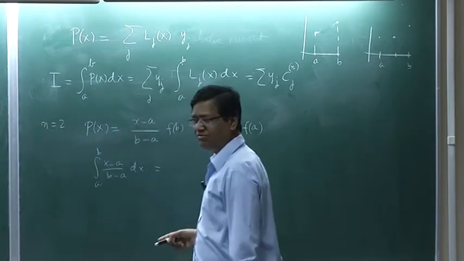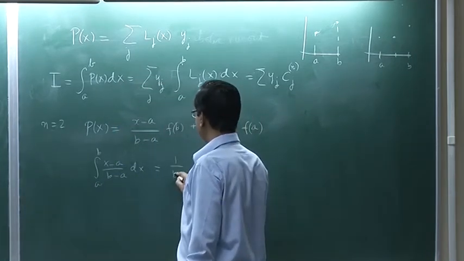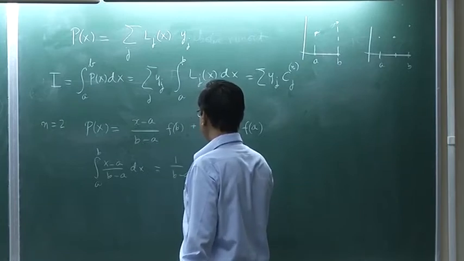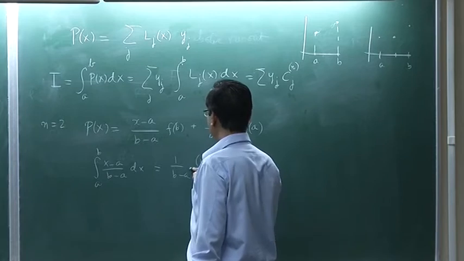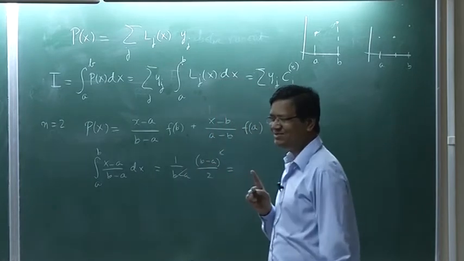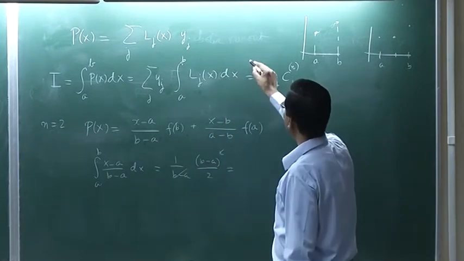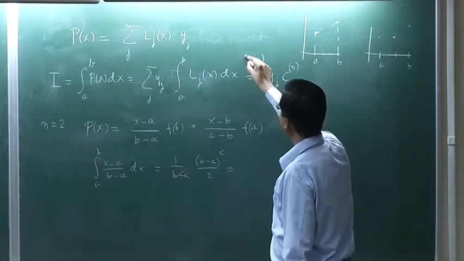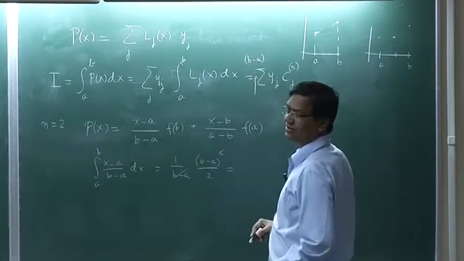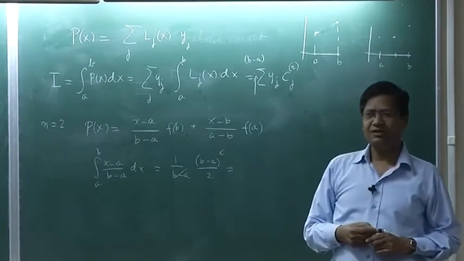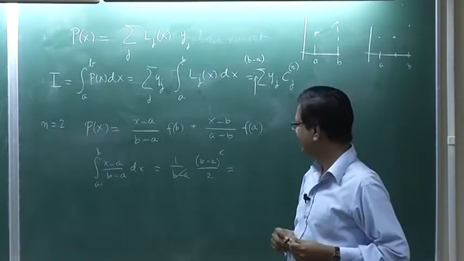So this is straightforward, no? So 1 by b minus a, times b minus a whole squared by 2. I made one mistake, so this is multiplied by b minus a.